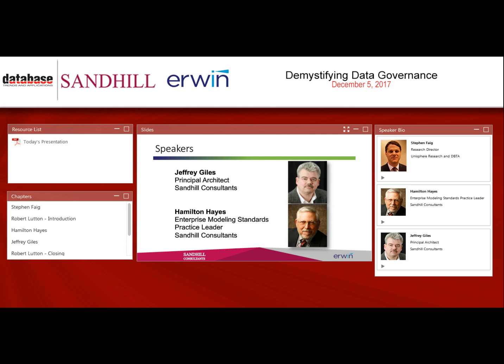The speed of implementation: our concept is we deliver a package with a substantive amount of content, so that there's the ability to get your organization tuned in fairly quickly to what data governance is all about. We find that the learning curve can be very long with an organization that doesn't have a systematic approach.